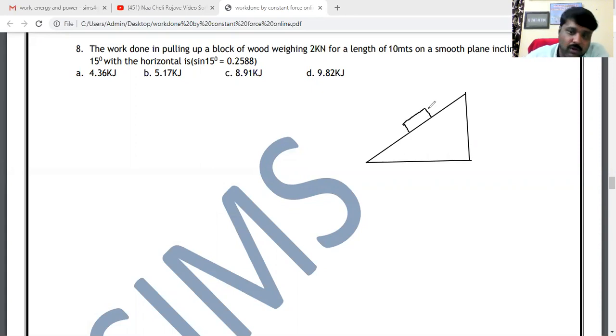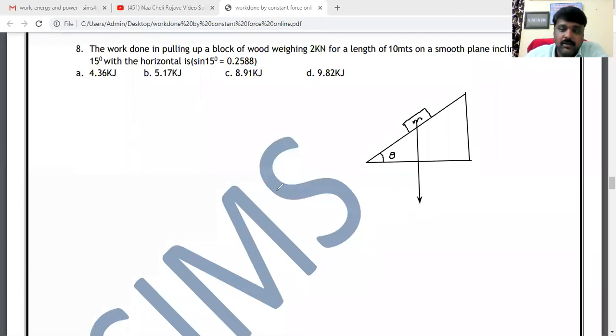Whenever an object of mass m is present on an inclined surface, the weight of the object always acts downwards.